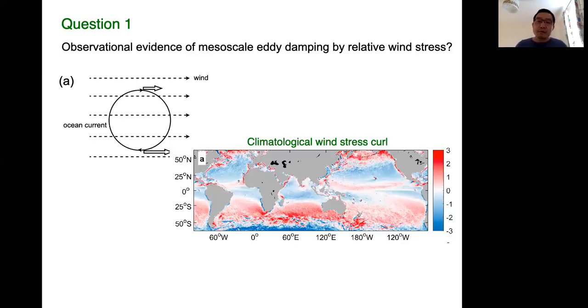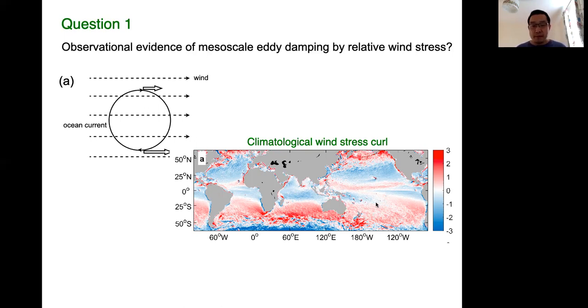But on the other hand, we also know that the large scale wind stress has a curl. In fact, the large scale wind stress curl is the force that drives the gyre circulation.